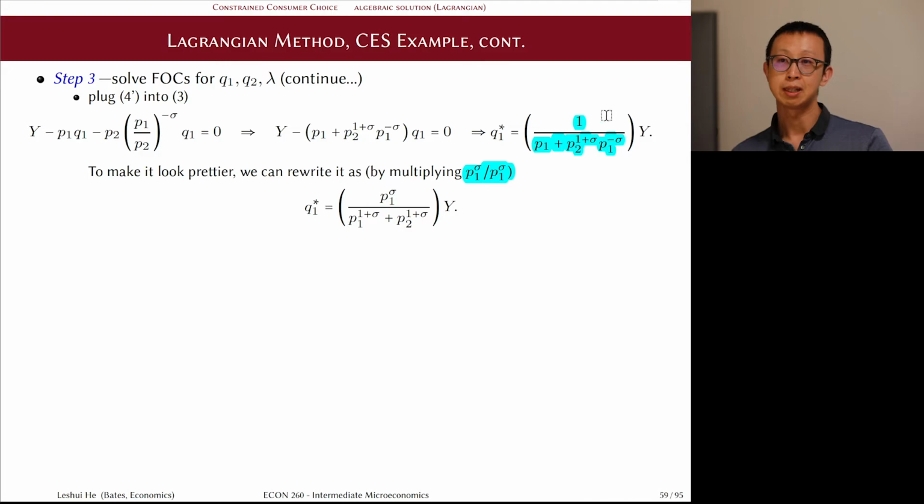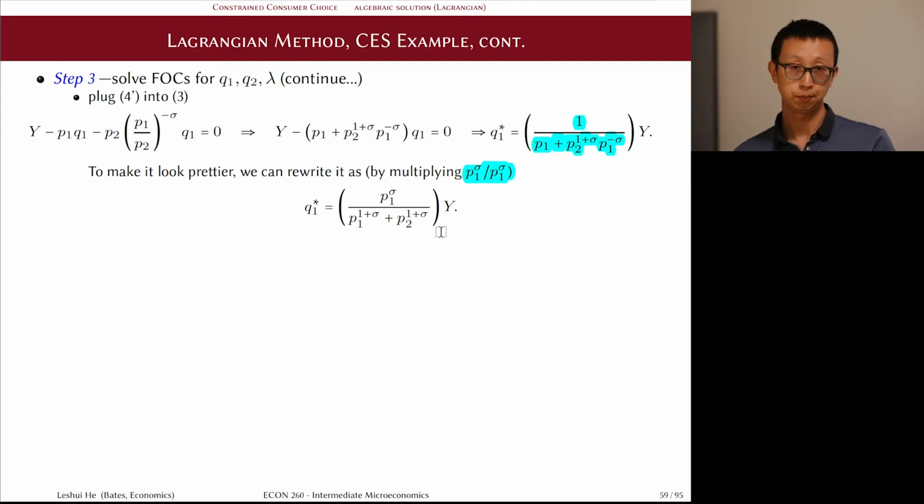Because we're multiplying this entire expression by 1, we're not really making substantive changes to the equation at all. However, when we multiply this term through, what happens is on the denominator, P1 to the power of sigma will cancel out with this P1 to the power of minus sigma, and it will combine with this term of P1 to the power of 1.